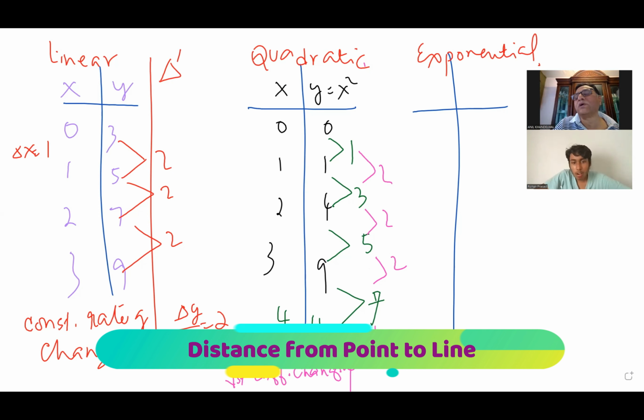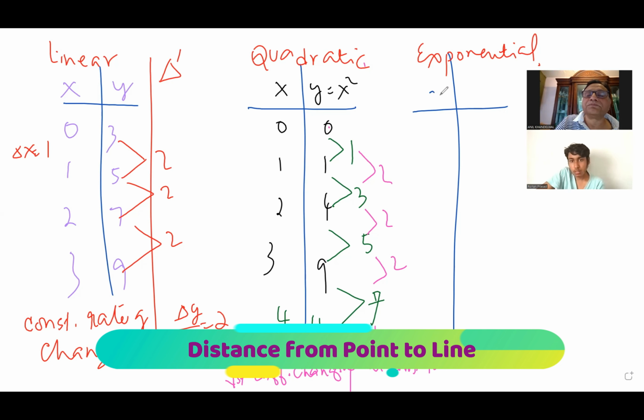What you can say, 2n plus 1, correct? Constant rate, 2n plus 1, right? So n equals 0, 1, n equals 2, 3, right? Yeah. The first difference is changing at a constant rate. Now, if I do the same thing for an exponential function, then what values do we get?